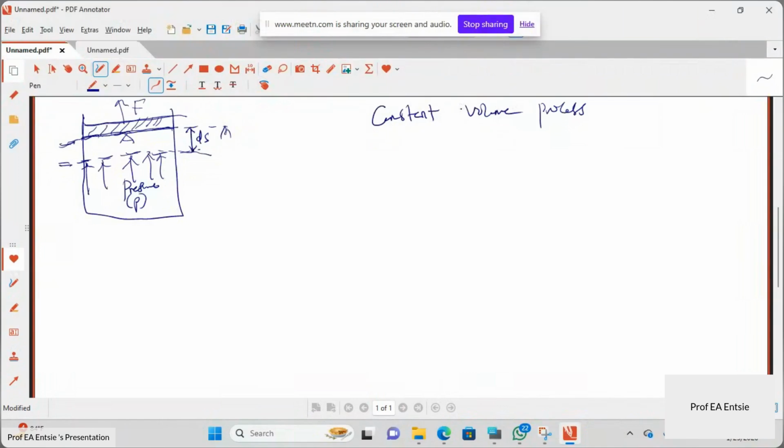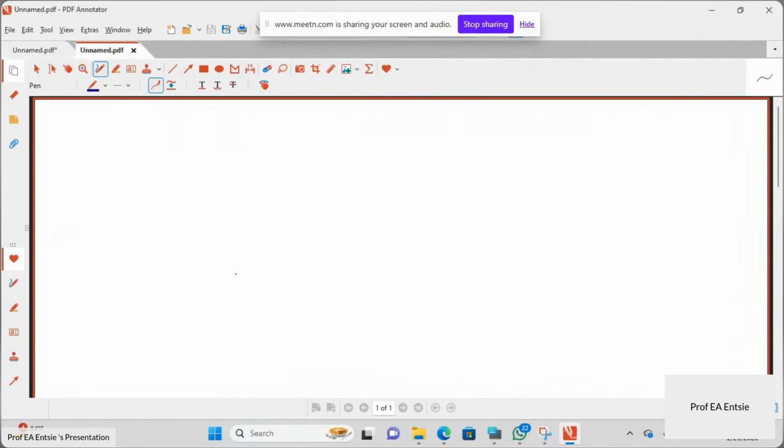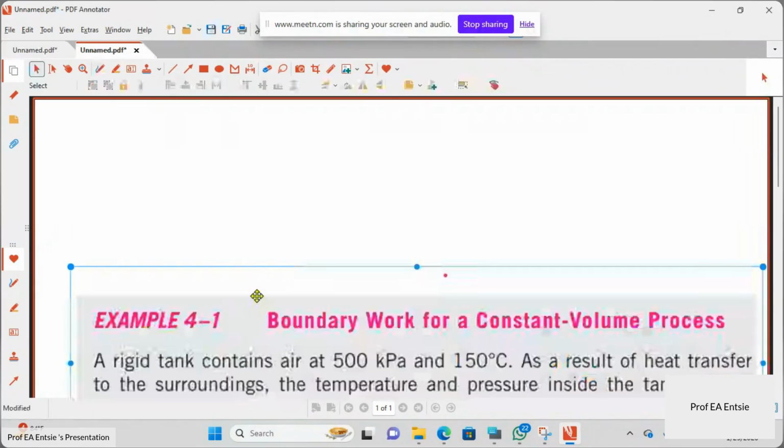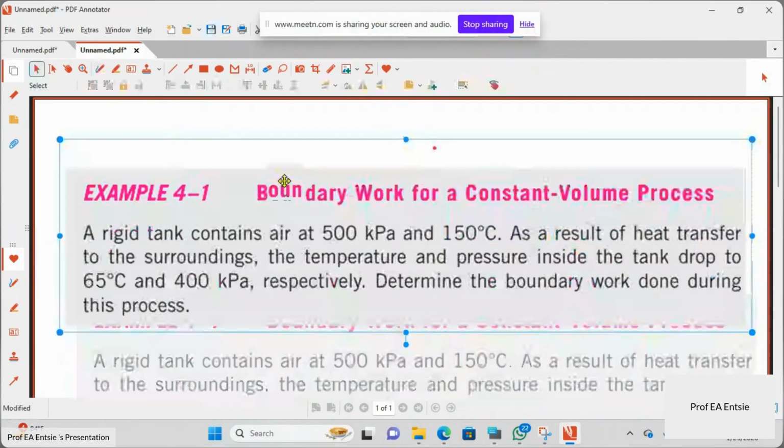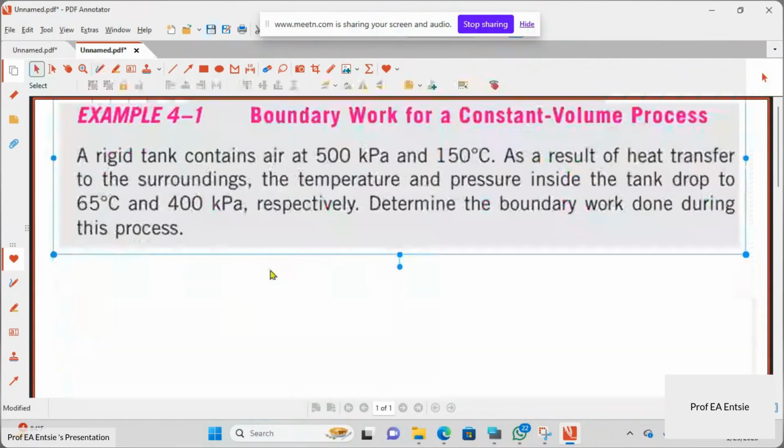So for instance, if I have a rigid tank, of course I have a problem. I have this problem here, so this is the problem I want us to play with. Don't look at the heading of the problem. Let's assume this is an actual problem with no heading.